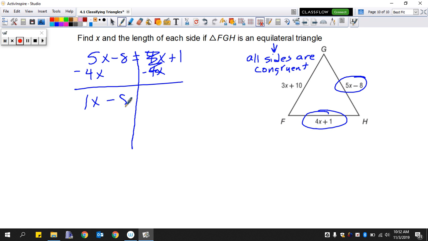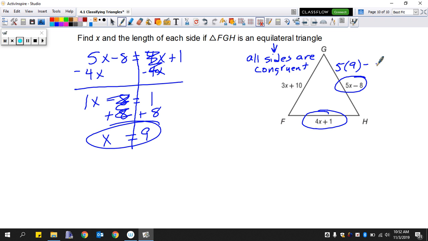On the bottom one, FH, we have 4 times 9 plus 1. 4 times 9 is 36, plus 1 is 37, which is correct. And on the one side that we haven't worked with at all, 3 times 9 plus 10. 3 times 9 is 27, plus 10 is 37. So indeed, all three sides are the same length.